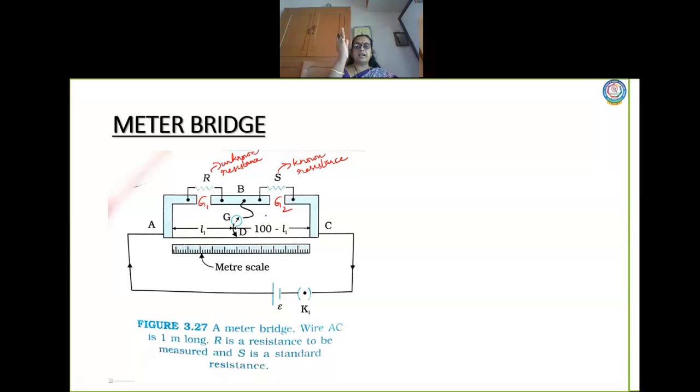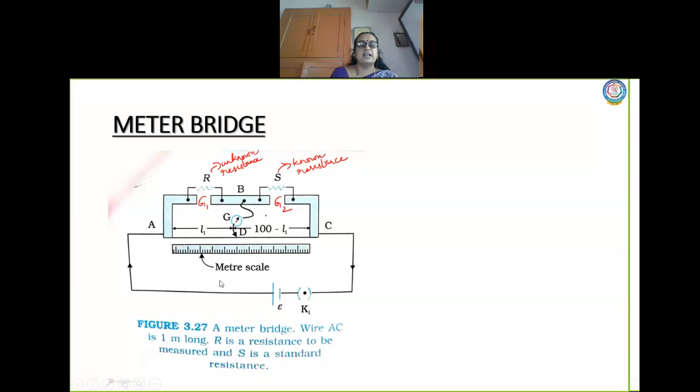So look at my hand, children. Initially, when you keep the jockey on the terminal A, this will be the deflection. When you keep on moving the jockey over the wire, the galvanometer reading keeps changing, and at a particular value, the galvanometer shows zero deflection. So at that point, which is D, you have zero deflection, which means the potential at this point will be the same.